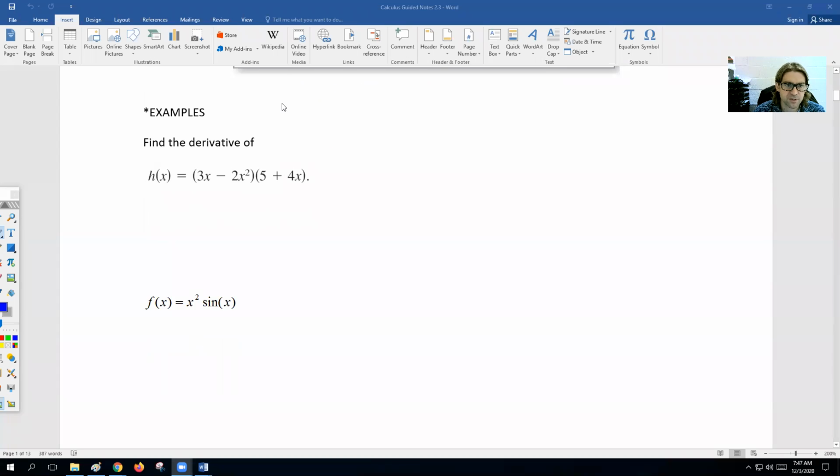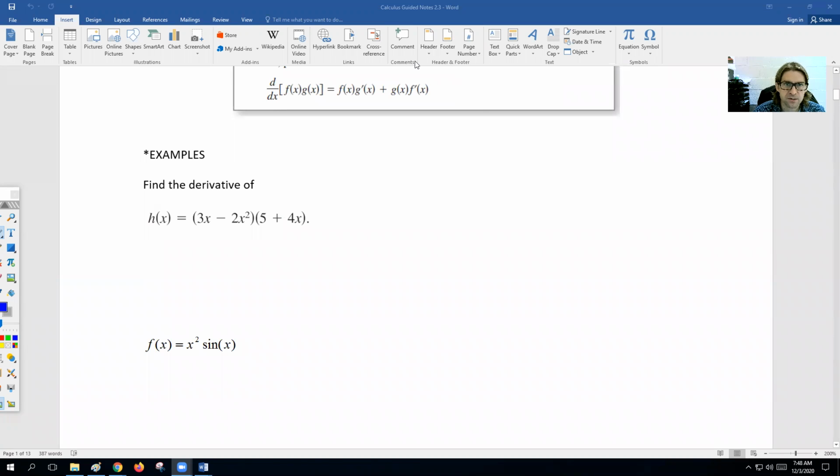So we can use the product rule in a lot of different ways to help us out. If we have a couple of these derivatives here, like this one first, let's do this off to the side. We could have FOILed this out and figured out, okay, this would have been 15x plus 12x squared minus 10x squared minus 8x cubed.